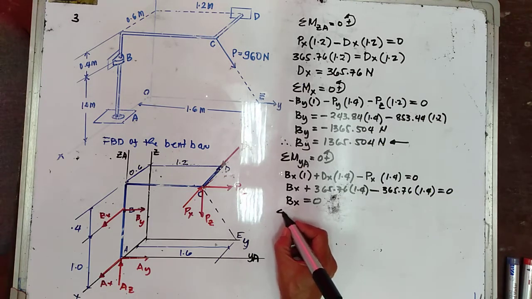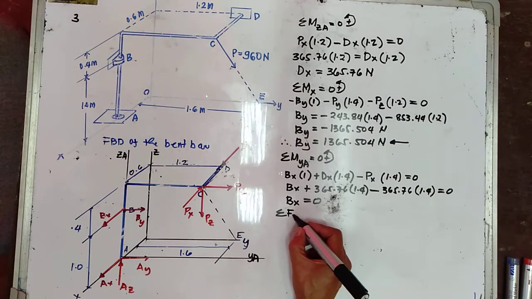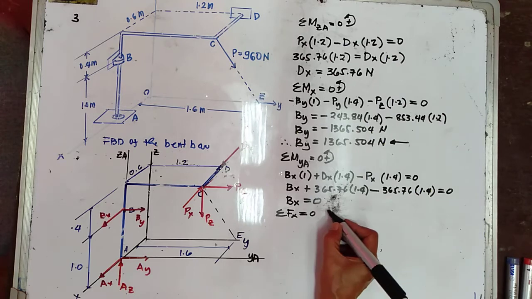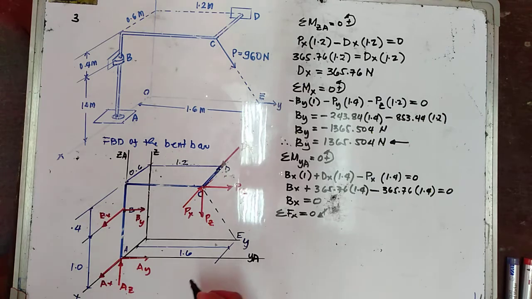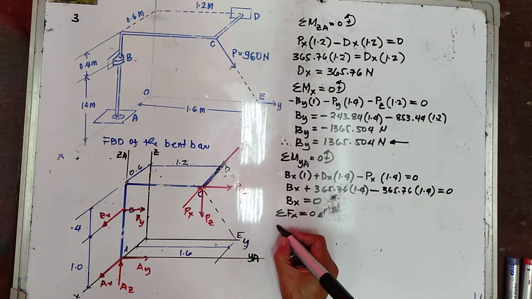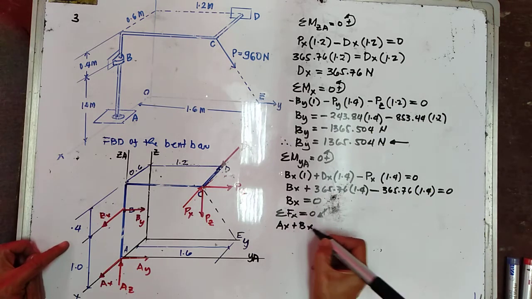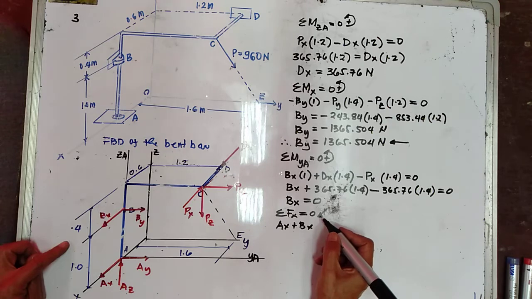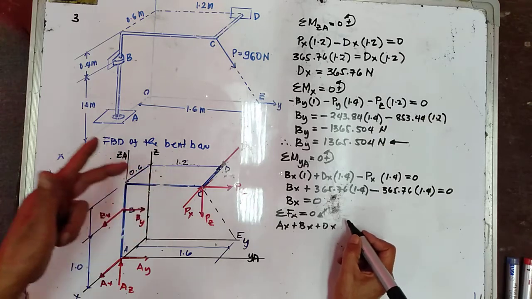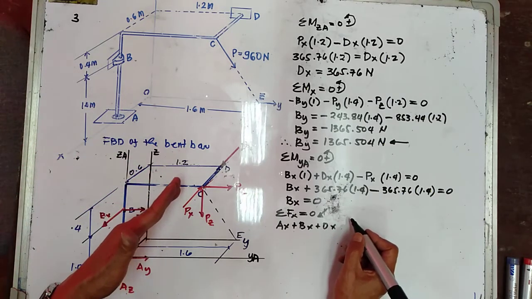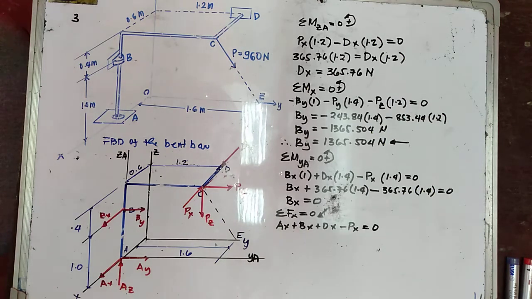Next, let us try to take summation of forces in the direction of x is equal to 0, forward forces to be positive. So we have ax plus bx, plus dx, minus px is equal to 0.